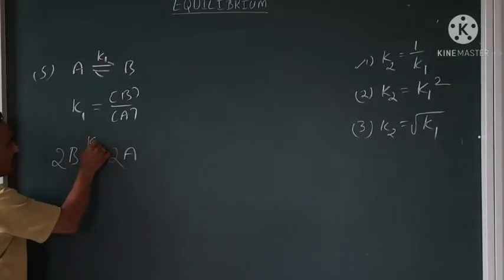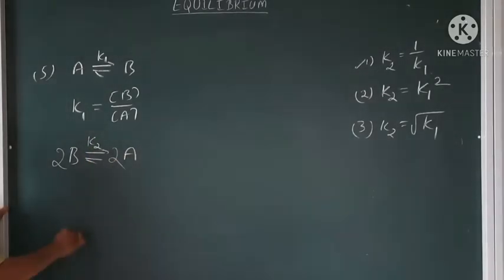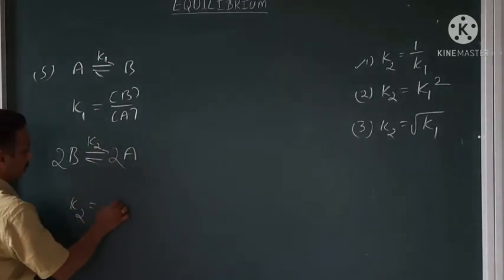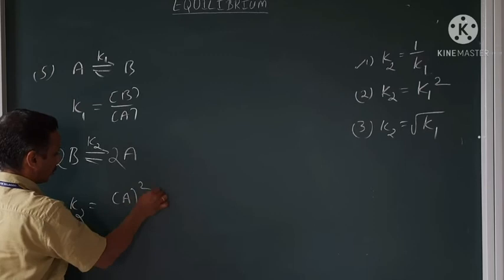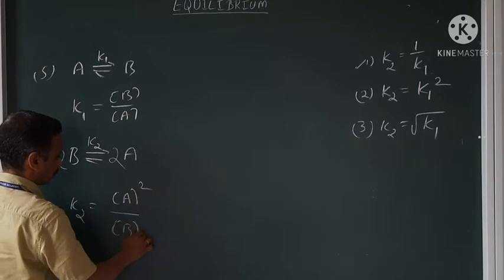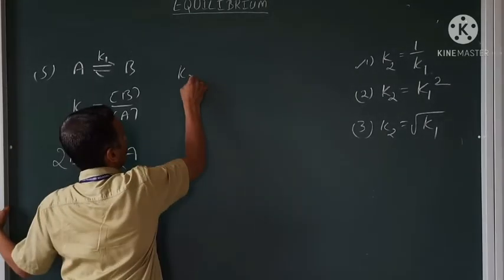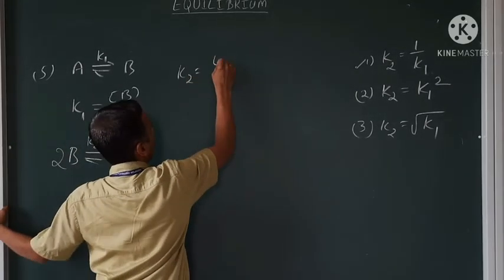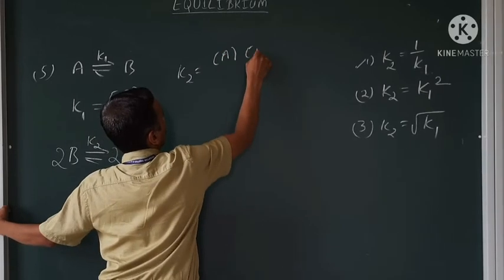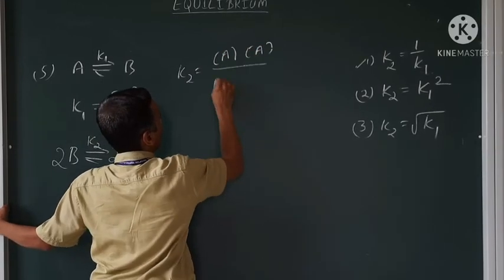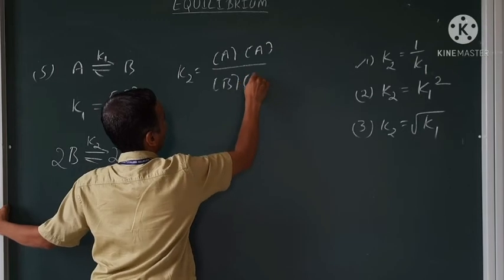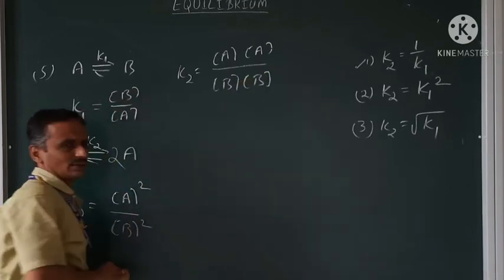And for this, what is the K2 value? So K2 value is equal to A to the power 2 divided by B to the power 2. So K2 is equal to A into A divided by B into B.